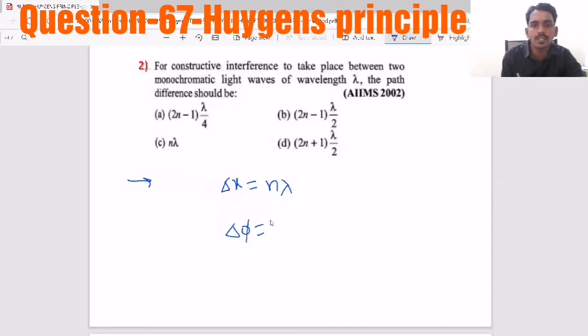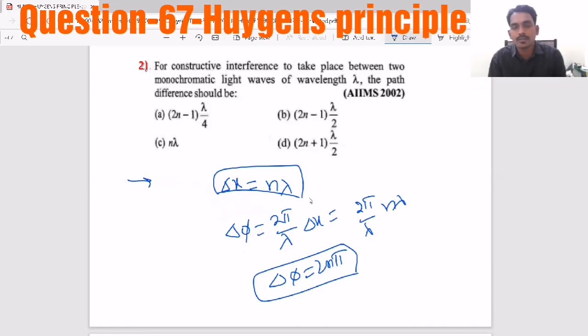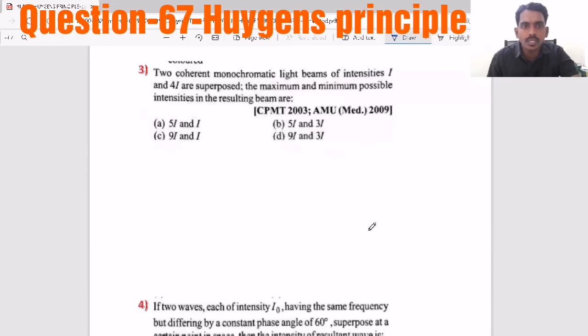The relation between phase difference and path difference is 2 pi by lambda into delta x, so 2 pi by lambda into n lambda, and the phase difference will become 2n pi. This way you can remember the path difference and phase difference relation and find the condition, and whichever they are asking, you substitute that value.